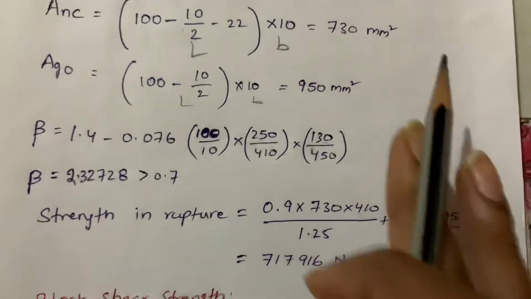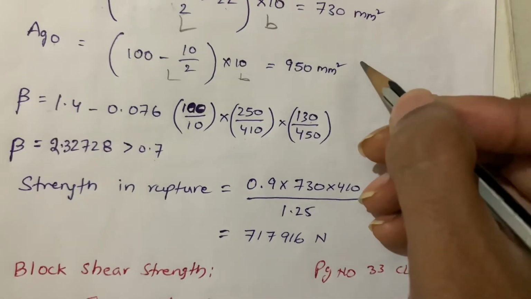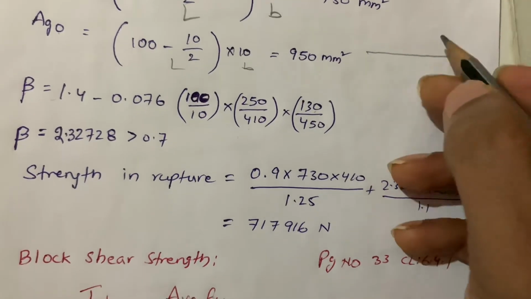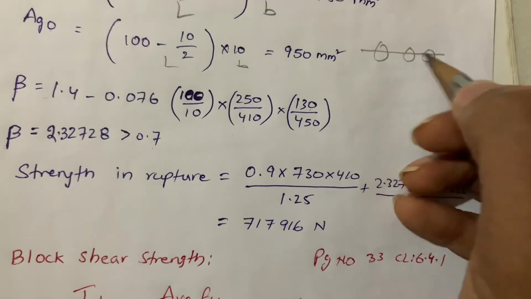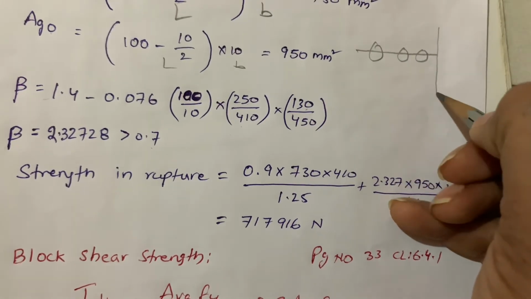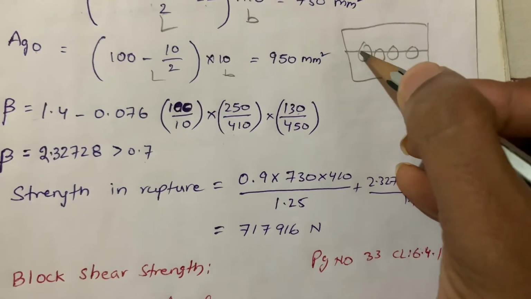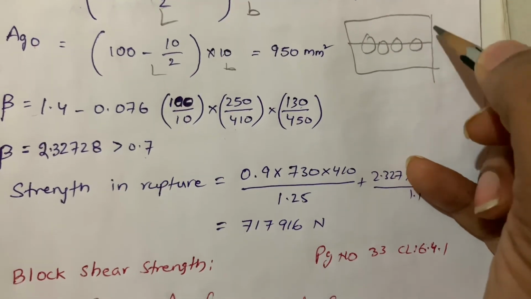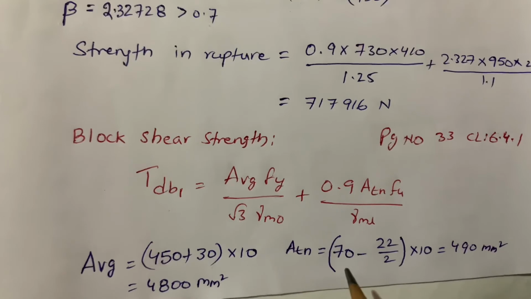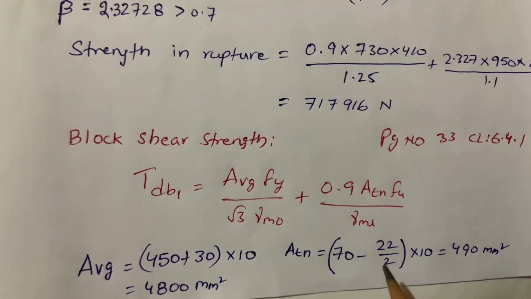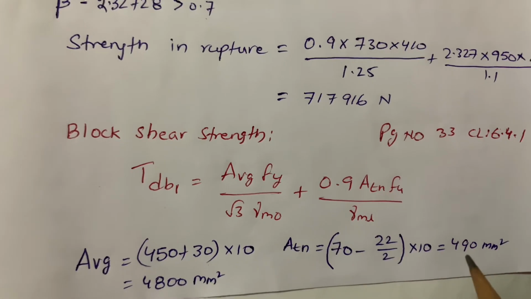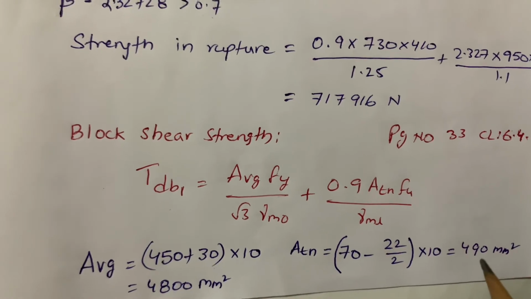Suppose the bolting side is this side, this is the shear side, bolts are like this, and the tension side is this one. If this is the plate and these are the bolts, this is the shear side and this is the tension side. So 70 minus 22 by 2, into 10. So I got 490 mm square.